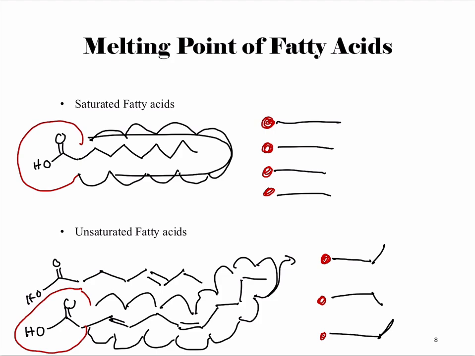How do you think that affects the melting point of these fatty acids? It'll be a lower melting point, right? At a lower temperature it'll be in the liquid form because it's harder for them to pack closer together. So this is going to have a lower melting point, and this will have a higher melting point.